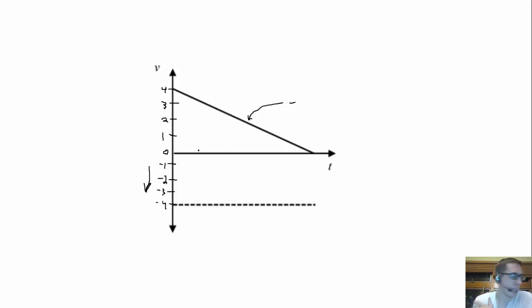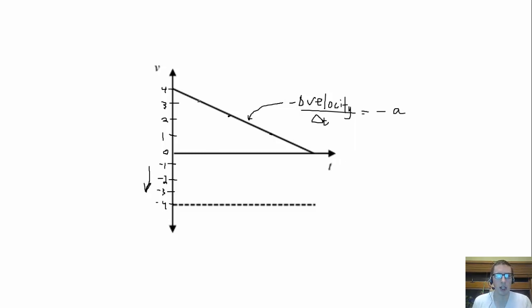So we could say that this is 1 second. Here, this is 2 seconds, 3 seconds. We see a negative velocity change. So change in velocity over change in time, we get a negative acceleration.